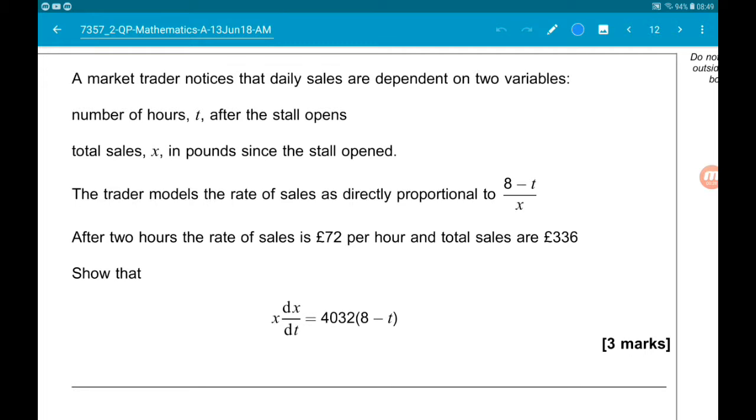The trader models the rate of sales as directly proportional to (8 minus t) over x. After 2 hours, the rate of sales is £72 per hour and the total sales are £336.